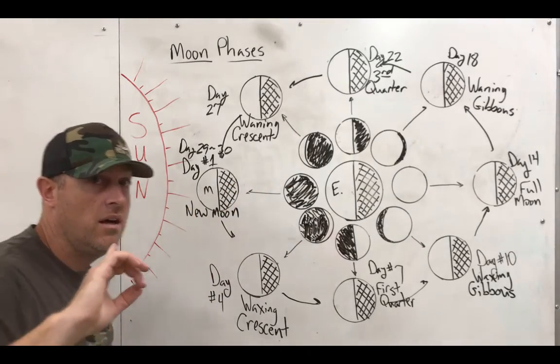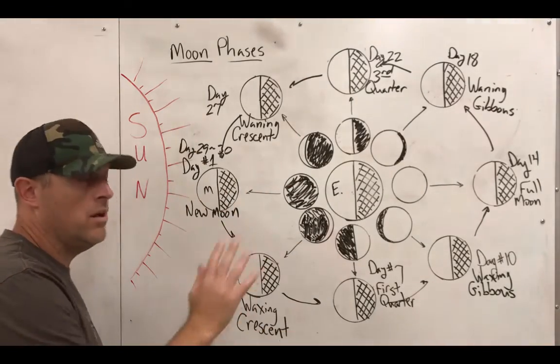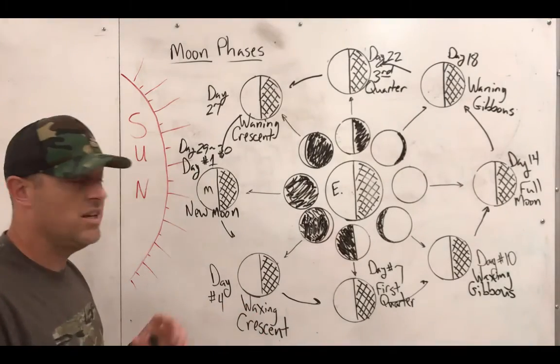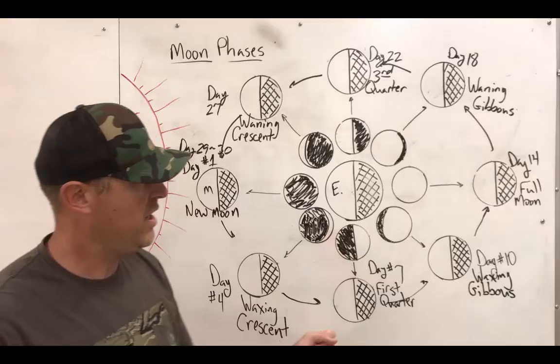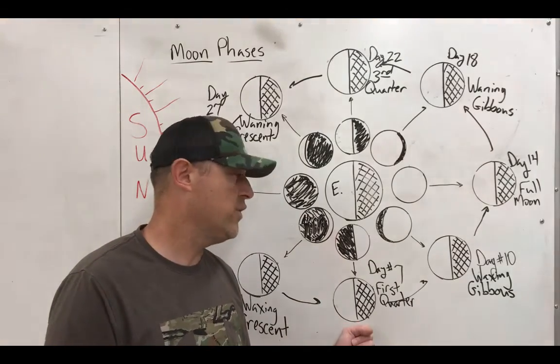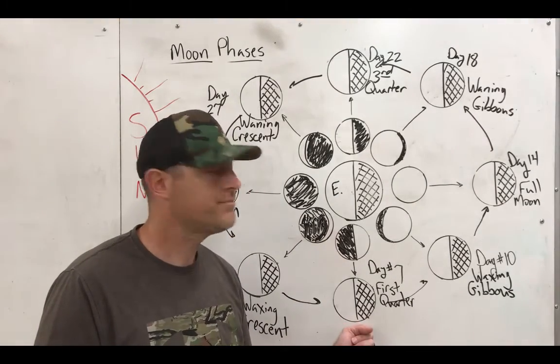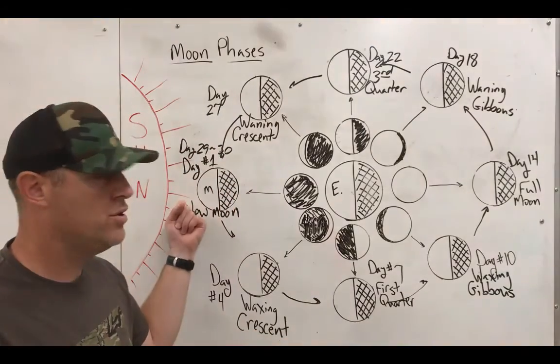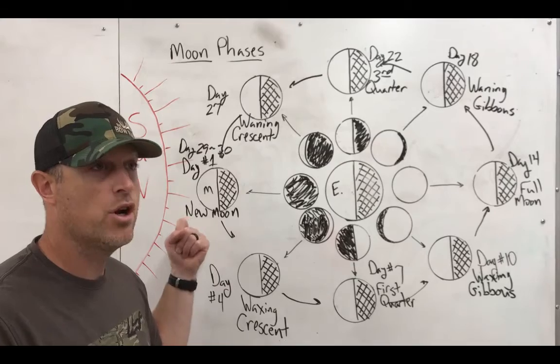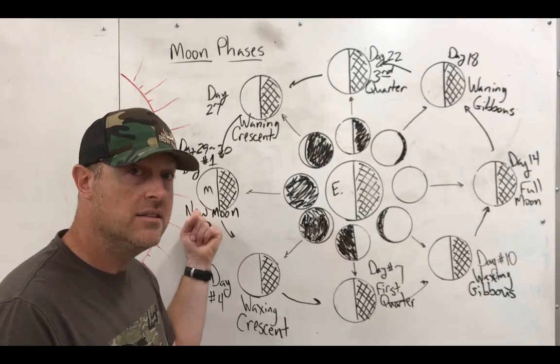Now, on your homework assignments and on our tests, I'm going to be able to kind of see if you can track the time. And so if we go outside and it's a first quarter moon, and I wanted to know how long until it's new moon. New moon phases are great for things like hunting.